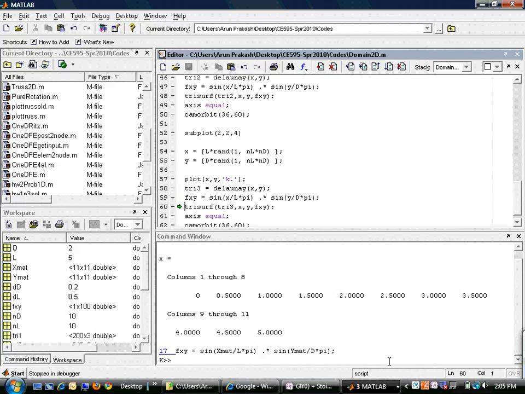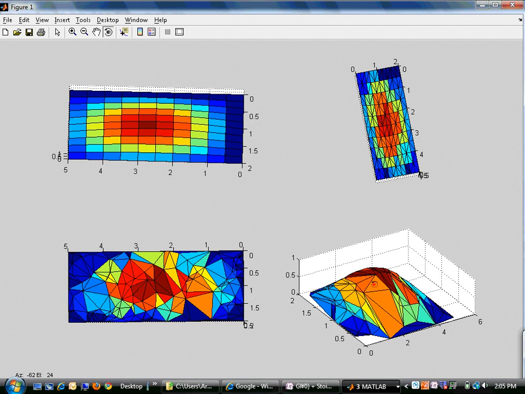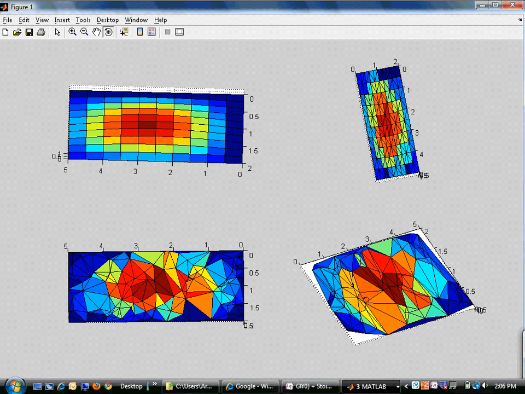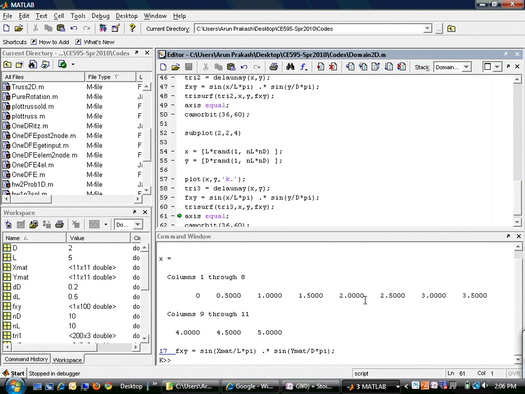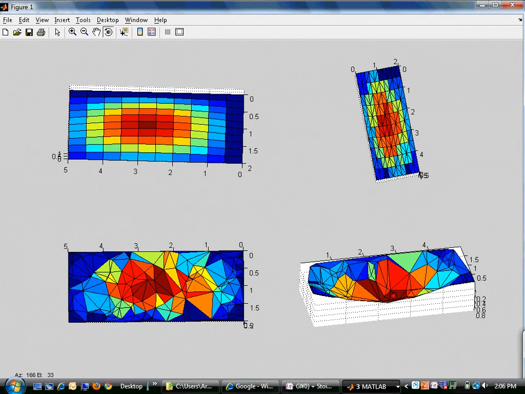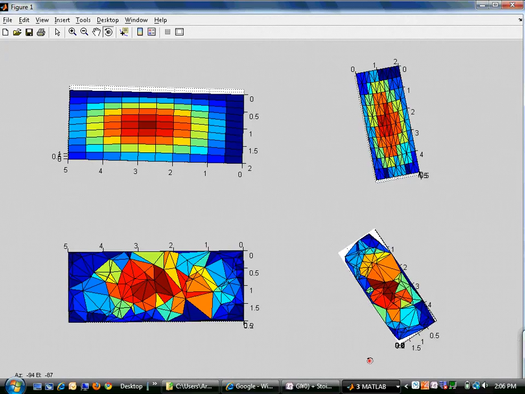So the same function evaluated at all those points, and if you plot the trisurf, if you plot the surface, this function on this domain, you can see that this domain is not even square. This is the point that I was making about the Delaunay triangulation.